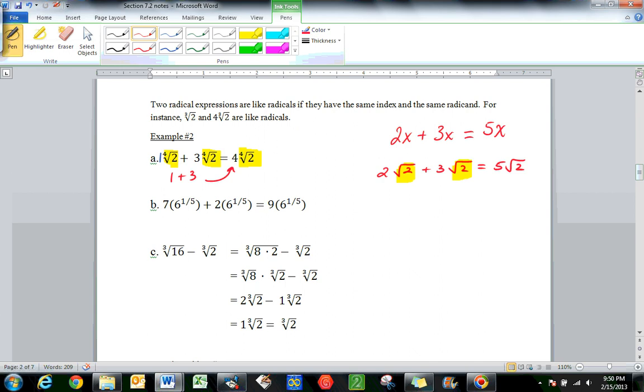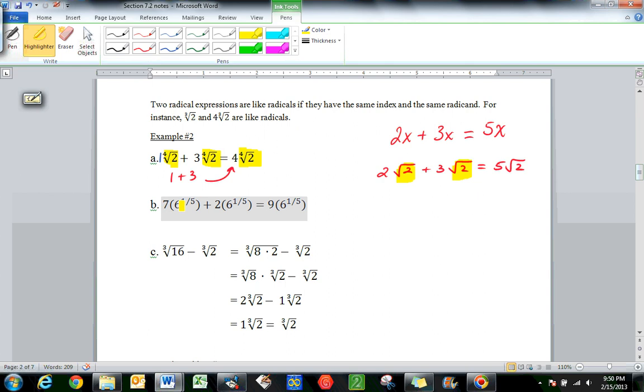So this idea of like terms is important for you to understand, but also your ability to recognize when you're dealing with like terms. If you look at part B, it looks like you're dealing with a whole bunch of numbers, and you're probably thinking of a million different operations that you could try to do.